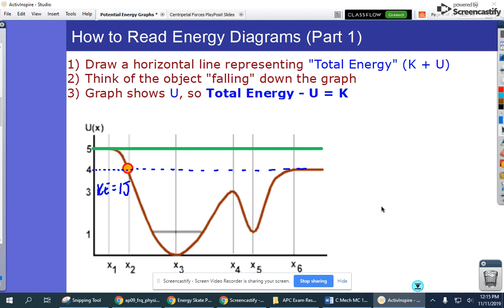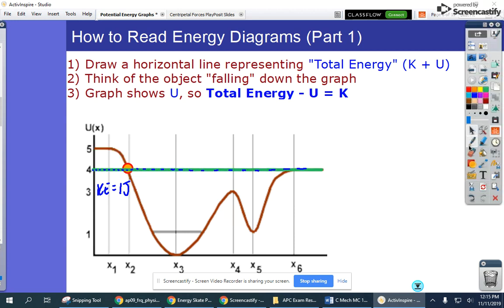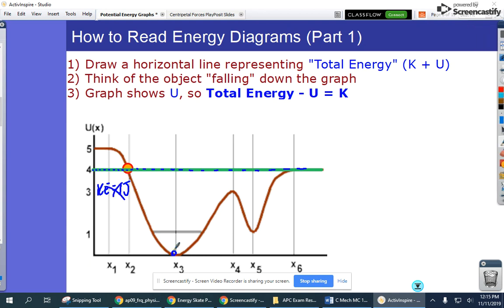And then you kind of think of the object falling down the graph, right? The graph shows potential energy. Let's go back to assuming I started out at rest. Let's say it falls down, and I could ask, how fast is it going when it hits x3? Notice, it started off with 4 joules of energy here, and now it has 0 joules of potential energy.